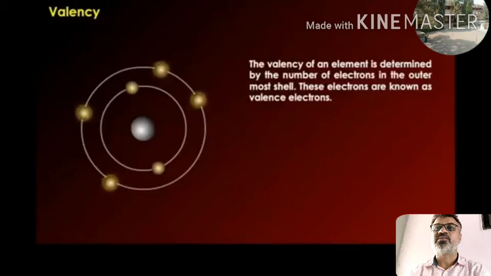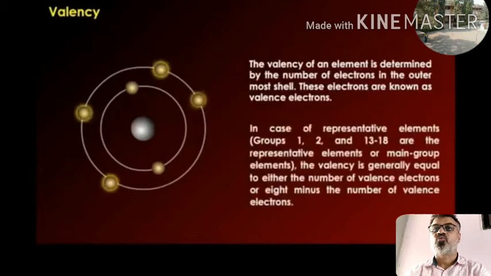In the case of representative elements, groups 1, 2 and 13 to 18 are the representative elements or main group elements. The valency is generally equal to either the number of valence electrons or 8 minus the number of valence electrons.